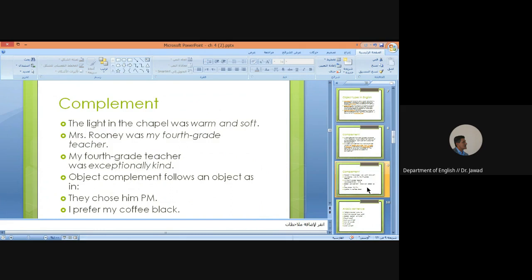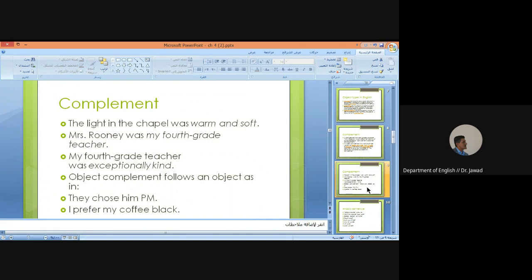Mrs. Rooney was my fourth grade teacher. My fourth grade teacher is a noun phrase which renames the subject, Mrs. Rooney. So who is Mrs. Rooney?